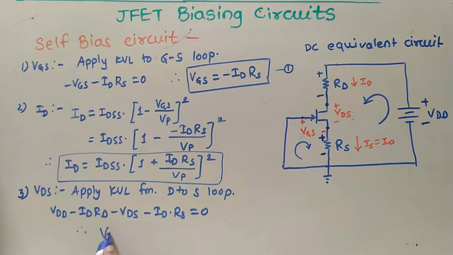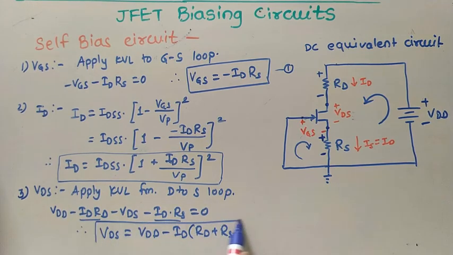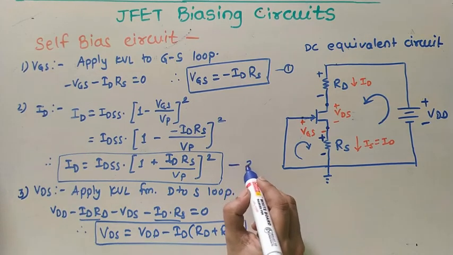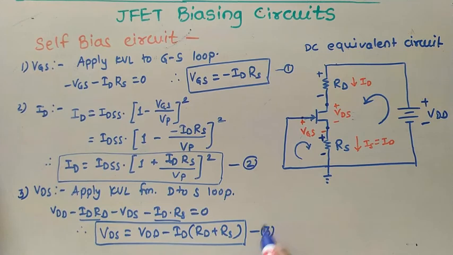Therefore, VDS will be equal to VDD minus ID, you can take common or you can keep as it is, RD plus RS. So this is your expression for VDS. Say it as equation number 2, this one as equation number 3.